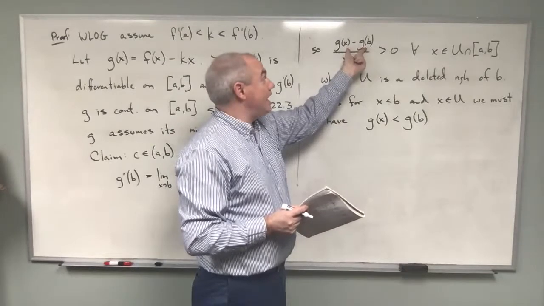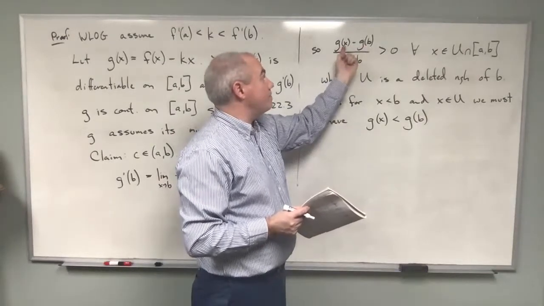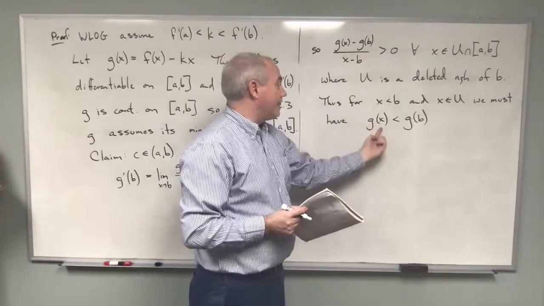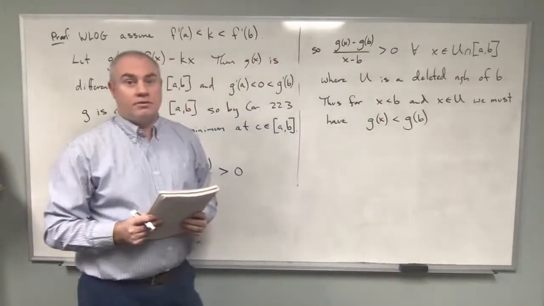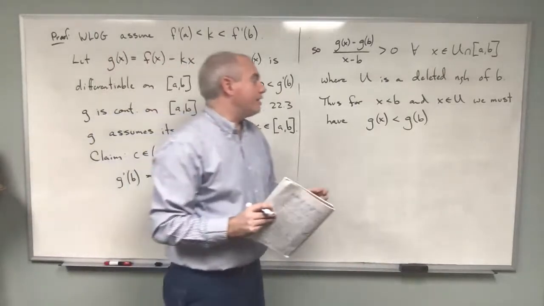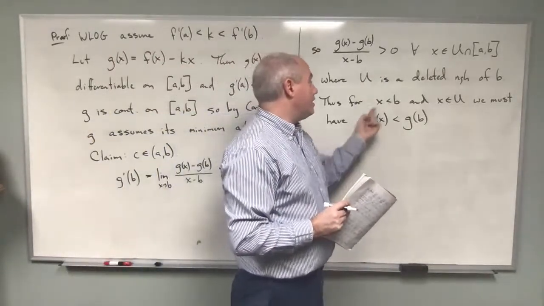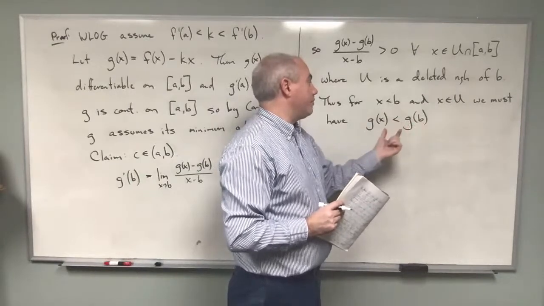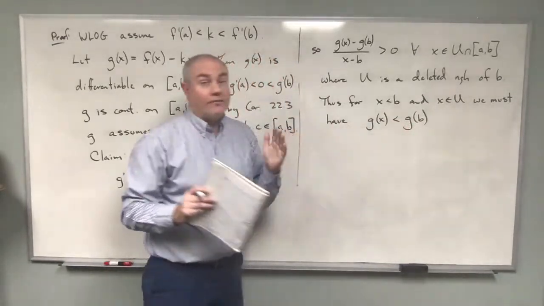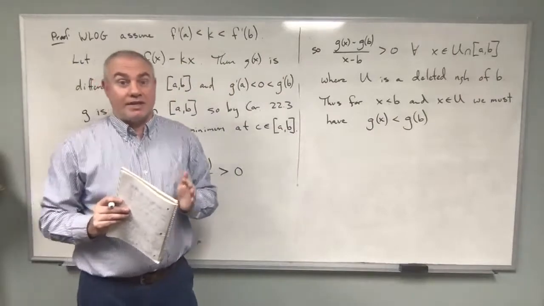And if this is negative, then this one must be smaller than this one. And that's what I said. This one is smaller than this one. Okay, so that means that there are places nearby B where G of x is smaller than G of B. In fact, everywhere very close to B, that's true.